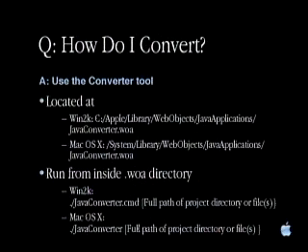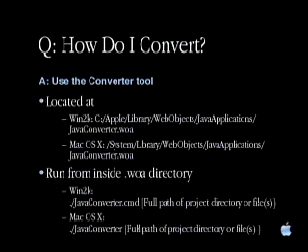The next question, once you've decided to convert, is how do you go about converting? We provide a tool called Java Converter that basically allows you to simply and programmatically convert your WebObjects application from 4.5 to a pure Java environment. On Windows, this is located at Nextroot Library WebObjects Java Applications JavaConverter.wa.